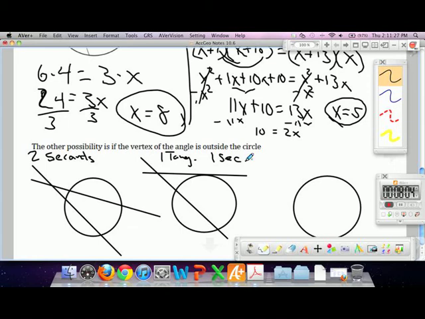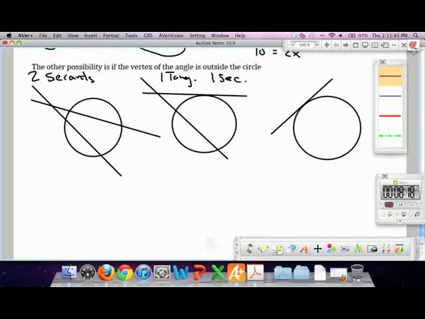You could have two tangents. Those are really your only three choices. If we're going to have segments that intersect outside of our circle, we have one of these three possibilities.